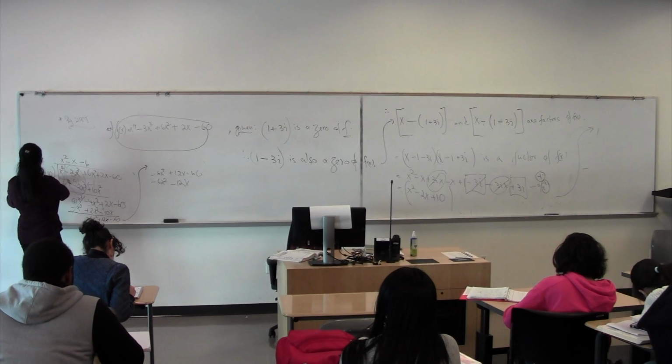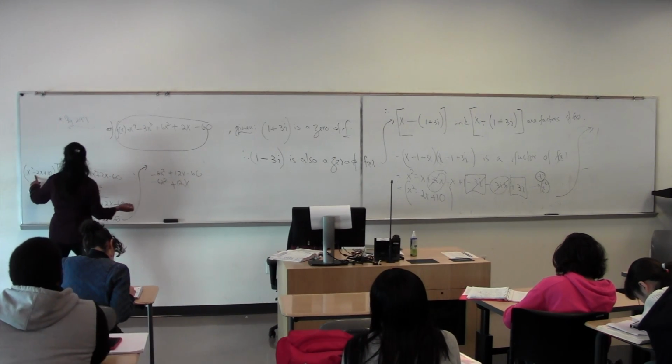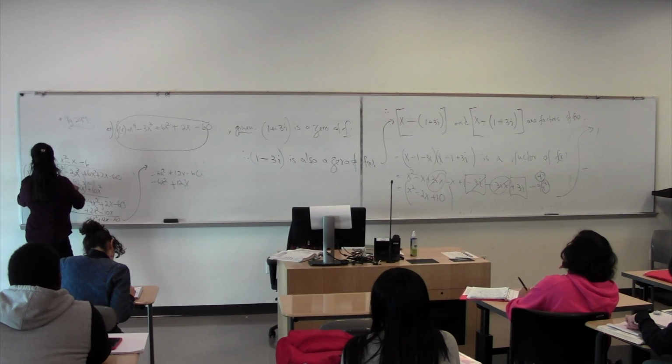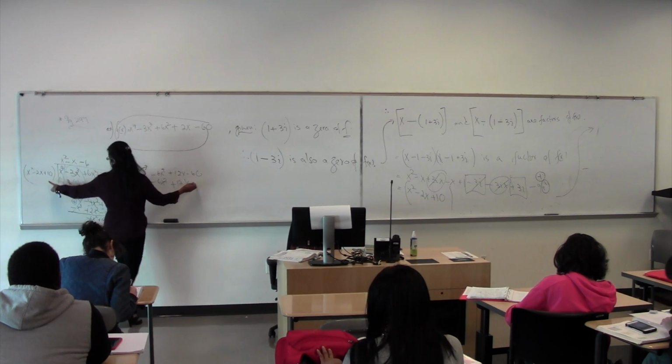Positive 12x. Negative times negative is positive 12x, yes. This is negative 60.